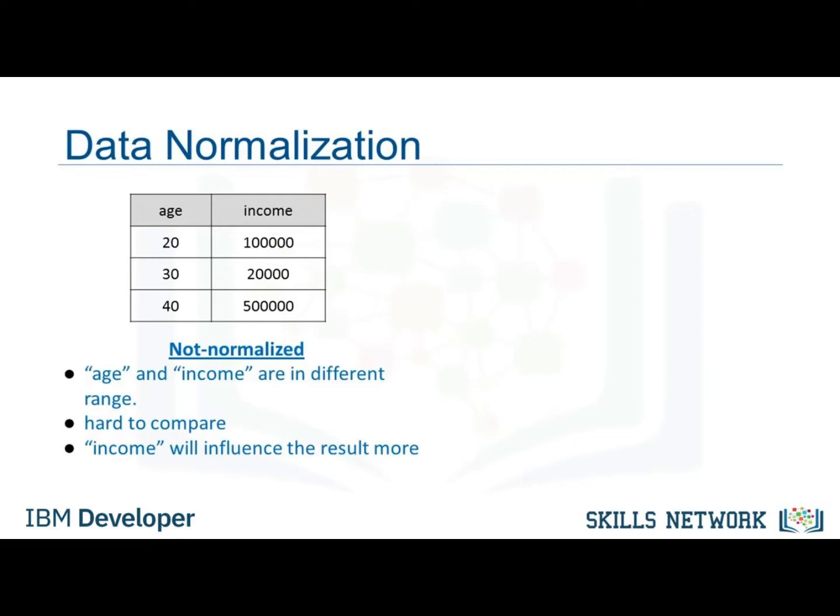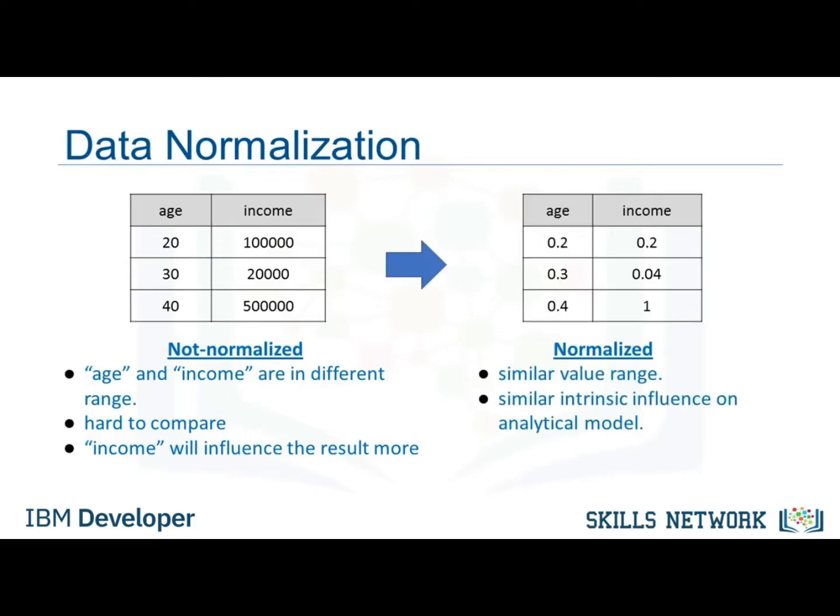When we do further analysis, like linear regression for example, the attribute income will intrinsically influence the result more, due to its larger value. But this doesn't necessarily mean it is more important as a predictor. So the nature of the data biases the linear regression model to weigh income more heavily than age. To avoid this, we can normalize these two variables into values that range from 0 to 1. Compare the two tables at the right. After normalization, both variables now have a similar influence on the models we will build later.